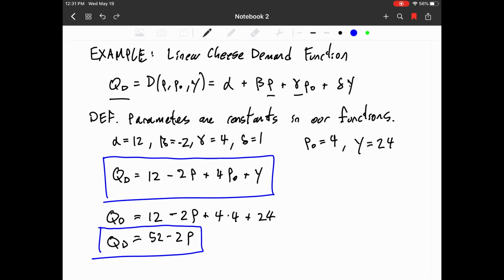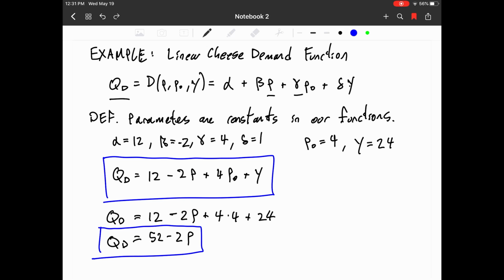All right. So this gives us a one-to-one relationship between prices and quantities, answering the question, at a given price, how much is demanded? We can apply some calculus here.